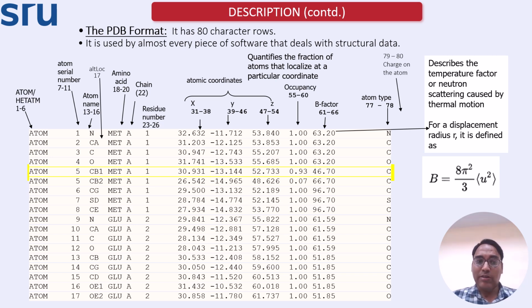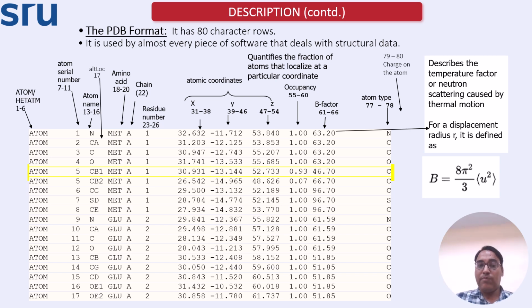N, C alpha, C, O, C beta 1, like that. Understand the peculiar thing here? All the amino acids start with nitrogen. The first amino acid is methionine, then in the next, glutamic acid. All are starting with N. The first amino acid position is 1, the second row is 9, likewise it goes.